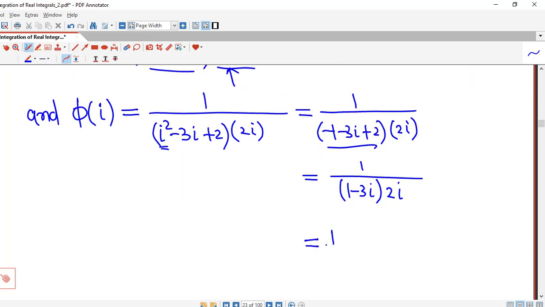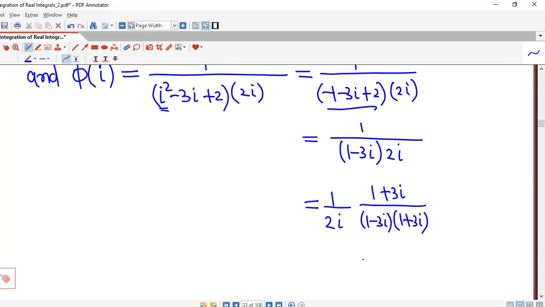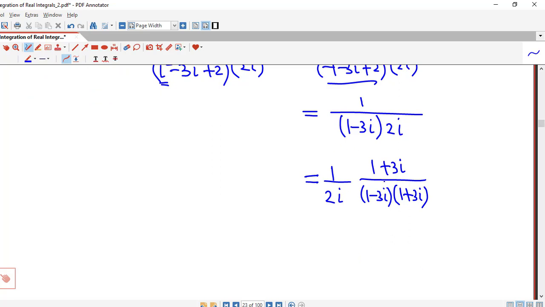So we can keep this 1 over 2I as it is. This is 1 minus 3I, and we can multiply numerator and denominator by 1 plus 3I. To simplify this, we have 1 minus 3I multiplied with 1 plus 3I. So we are multiplying numerator and denominator by conjugate of 1 minus 3I, which is 1 plus 3I, and we keep this as it is.